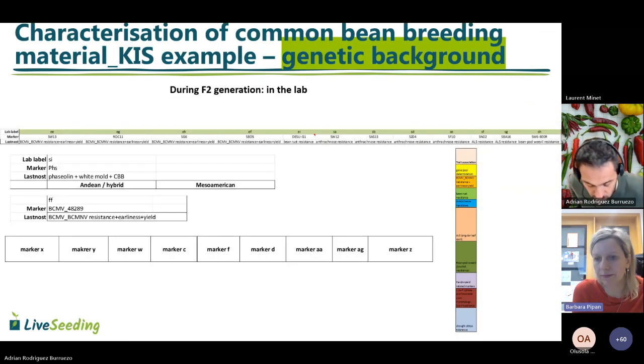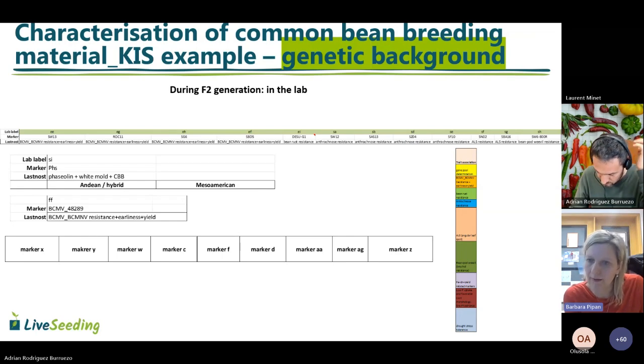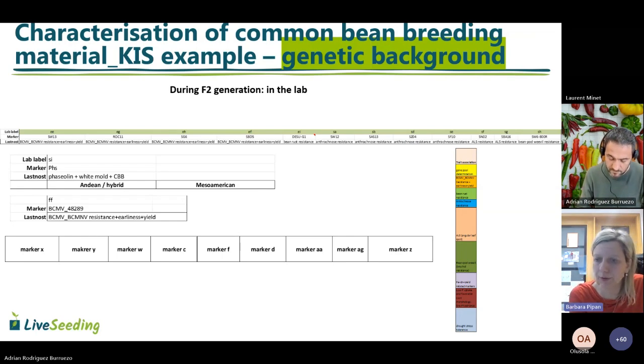Then today I talked a little during the presentation of the breeding program about the genetic background. Genetic background is very, very important. In our case, we have a panel of 24 different DNA markers, of different types, which are associated with some traits of interest.